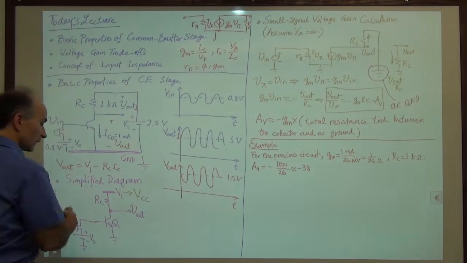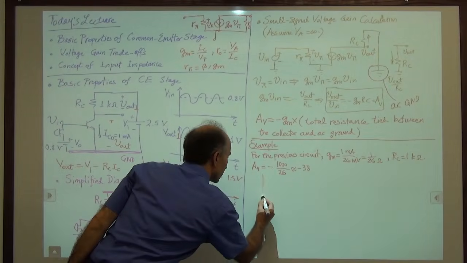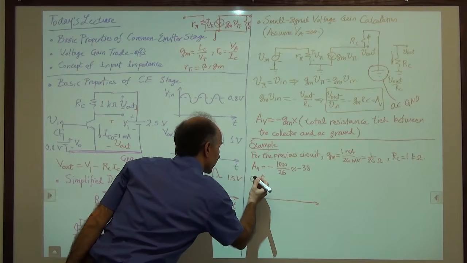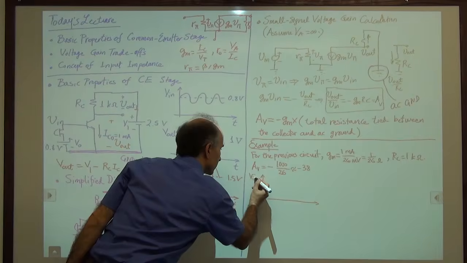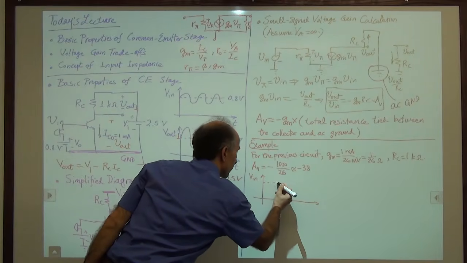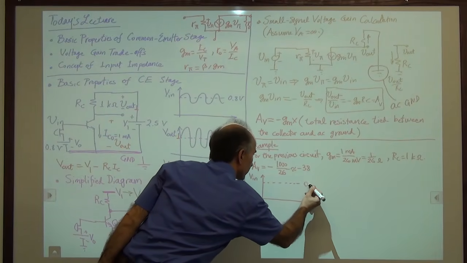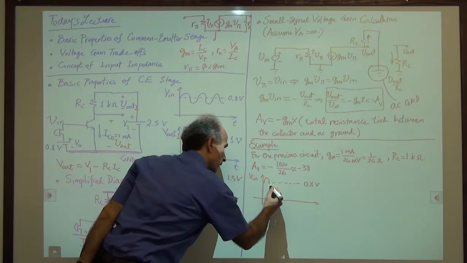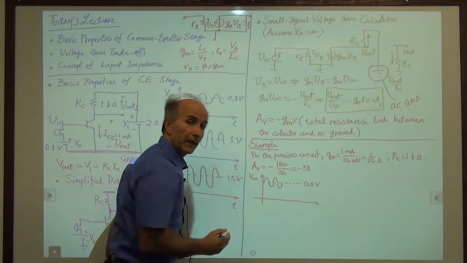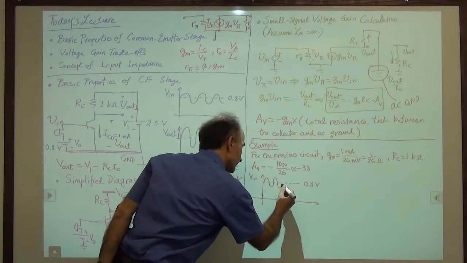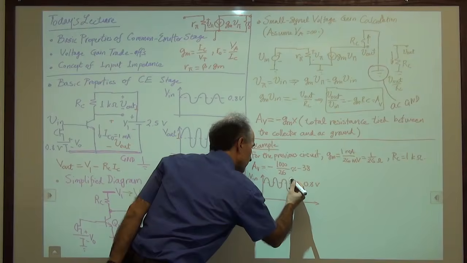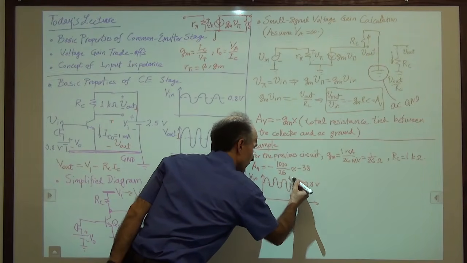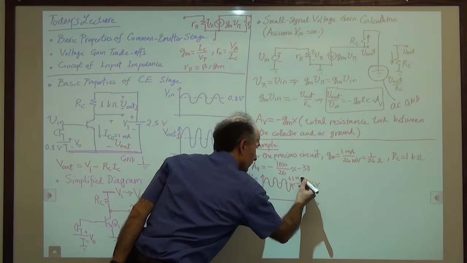So let's start from here. We have V in with a bias value of 0.8 volts. And I'm assuming that the microphone signal has a peak amplitude of 1 millivolt. So peak, meaning right here, this peak is 1 millivolt.